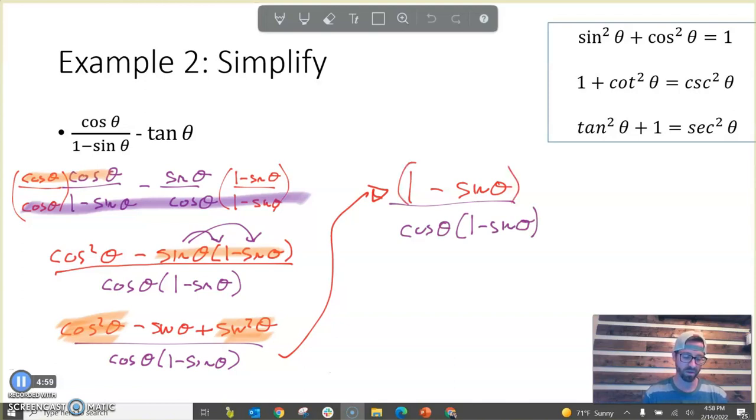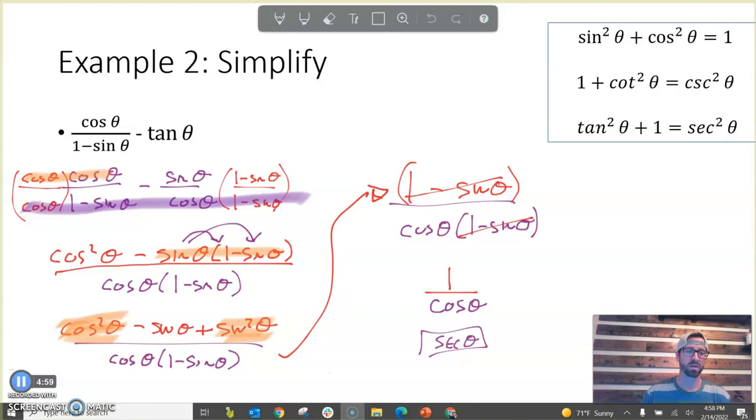Well, now that I'm looking at this, it looks like I have a 1 minus sine theta in the numerator and a 1 minus sine theta in the denominator. That is going to cancel with that. And in the numerator, all we'd be left with is a 1. And my denominator would be left with a cosine of theta. And this is pretty well simplified, but it's technically more simplified if I go ahead and use my reciprocal identity to turn that into secant theta.